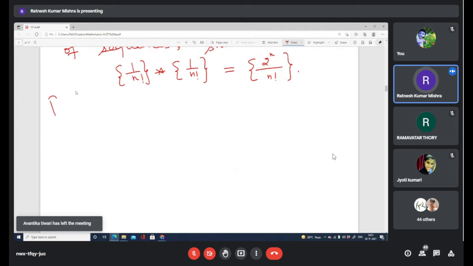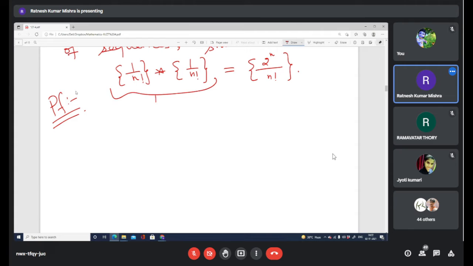So how do we prove it? Now start from the left side. This is the left hand side.